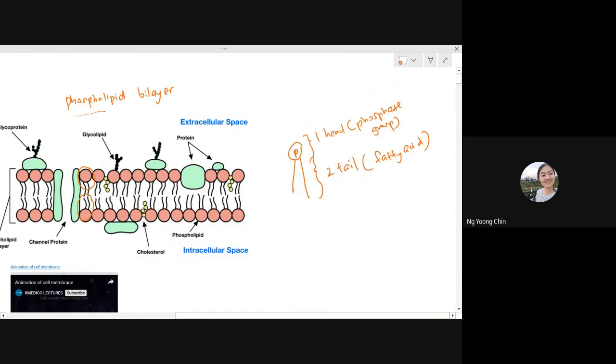They are water loving. However, the two tails hate water a lot. They cannot stay with water, so they are called hydrophobic.